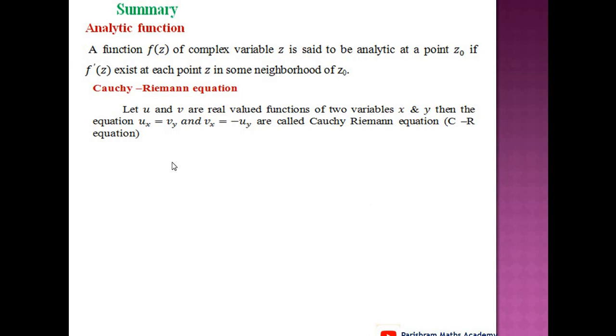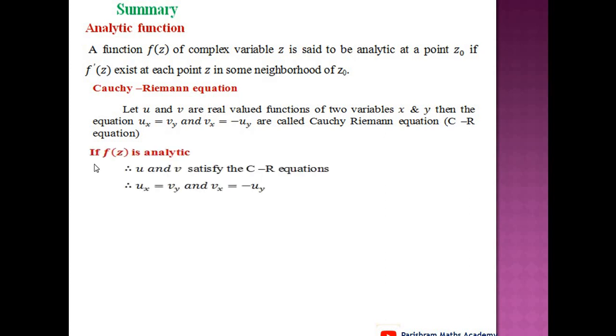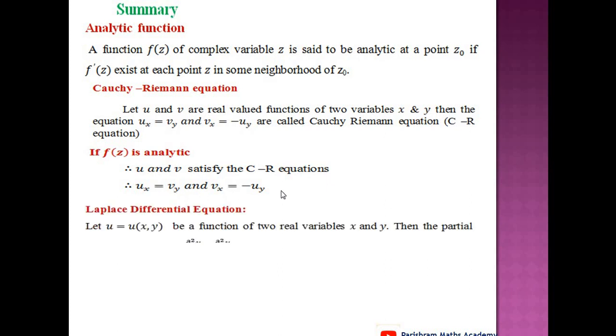Next, Cauchy-Riemann equations. u and v are real valued functions of two variables x and y. Then the equations ux = vy and vx = -uy are called Cauchy-Riemann equations. If the function f(z) is analytic, then u and v, that is the real and imaginary parts, satisfy the CR equations, that is ux = vy and vx = -uy.